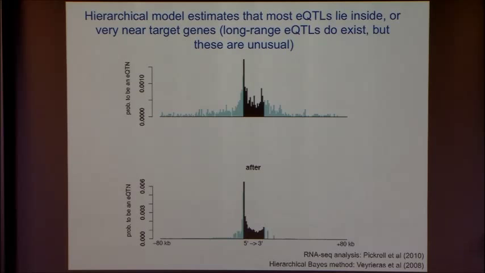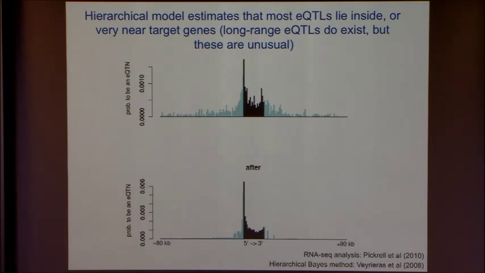For very long genes, it's more likely that you've got regulatory regions at a distance downstream from the transcription start site than in short genes. And also, we find that there are relatively few really long-range EQTLs, although they do exist. But they're a small minority of all EQTLs.